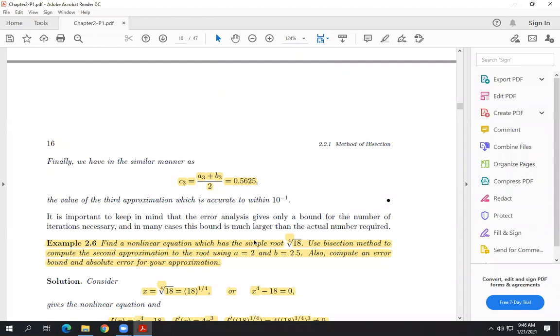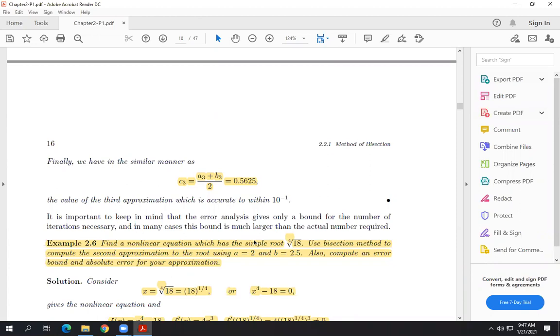Because in chapter number 2, I told you what we need. We need f of x, we need an interval, and if alpha is given, alhamdulillah. If alpha is not given, alhamdulillah. We need these 3, but the third one, alpha, is optional. Maybe given, maybe not given.